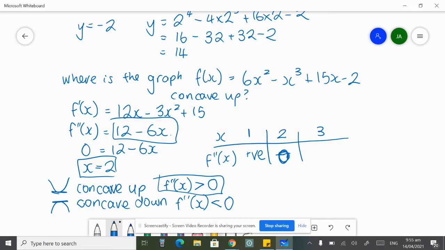And if we try 3, that means 12 minus 6 times 3, 12 minus 18, which is negative. So we're looking for when it's concave up, so it must be at this point here when it's greater than 0. So that means that whenever x is less than 2, it is concave up. And that's introducing second derivatives.